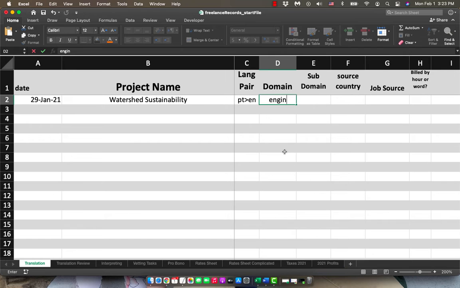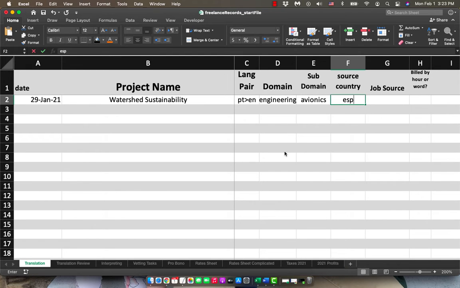So for engineering, I might write that, and if it's aerospace, I might write that or that. The point is that if down the road I have another project in the same subdomain, I don't want to change it up and write aerospace because I want to be able to automatically generate statistics. And so I'll use the same subdomain.